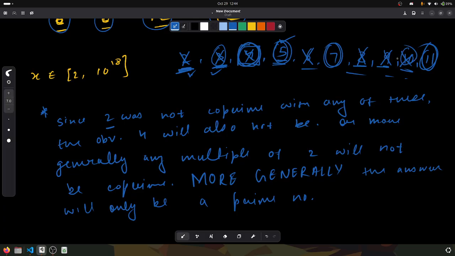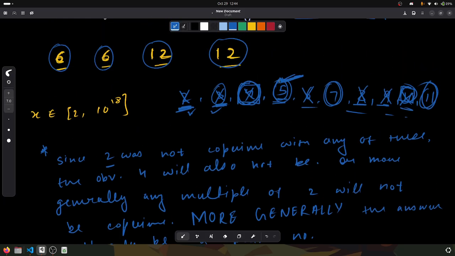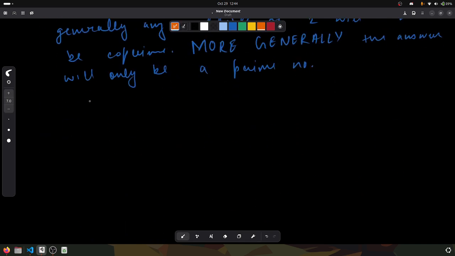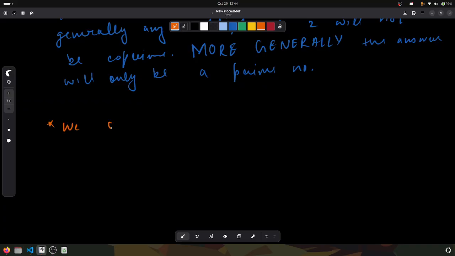Obviously if 10 was an answer, 5 will also be an answer, because 10 has all the factors that 5 has, and if 10 managed to be co-prime with some number, 5 will also be co-prime with that number. So we only need to check for prime numbers. So let's write that: we only need to check for prime numbers.